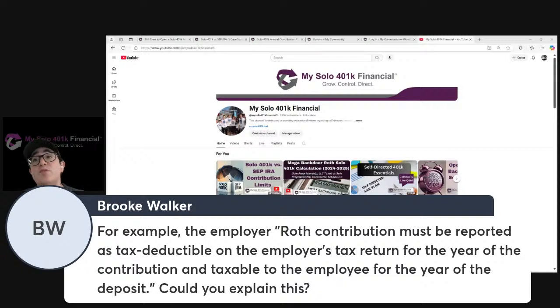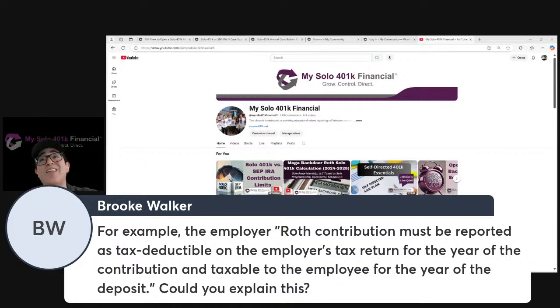So what that means, for example, in the context of a solo 401k, is that really the deadline to make contributions is the business tax return deadline, including extension. So there are a lot of solo 401k owners that are making contributions for 2024 here in 2025. So they might be making an employer contribution as a Roth contribution for 2024.